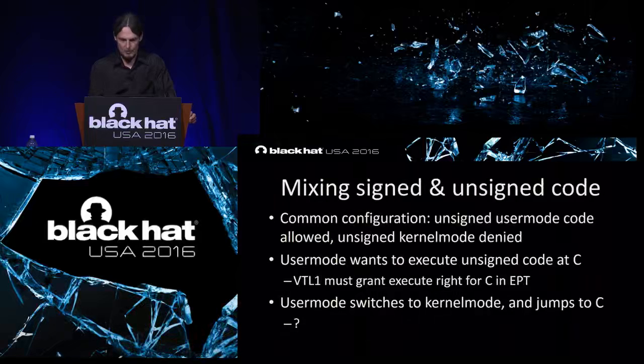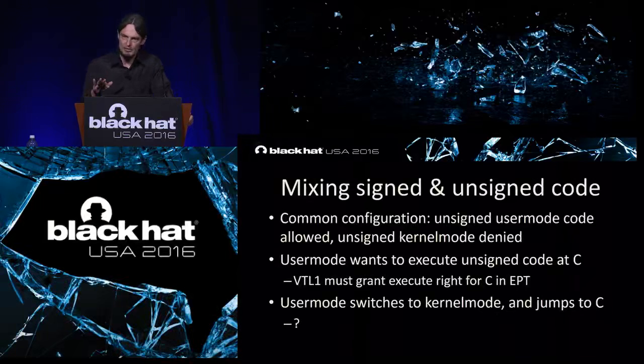So let's see what happens. User mode wants to execute unsigned code at C. Great, it's approved. C is marked as executable in EPT. Now user mode switches to kernel mode, and now something new happens, because the switch is no longer automatic. Instead, the hypervisor is invoked, and it changes the current EPT table. So now the code tries to jump to C, and it won't work, right?